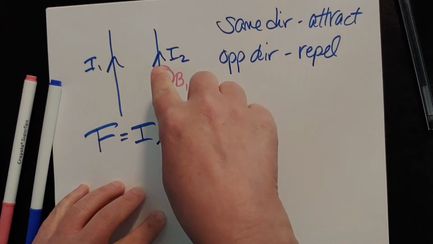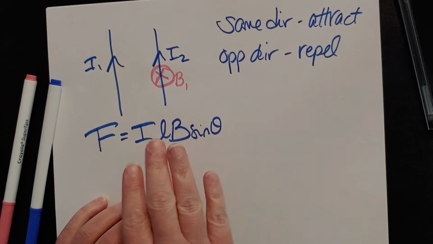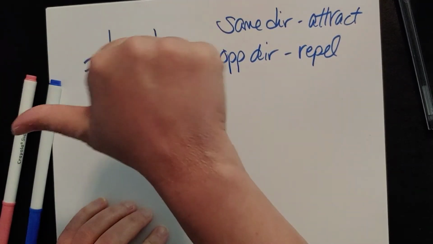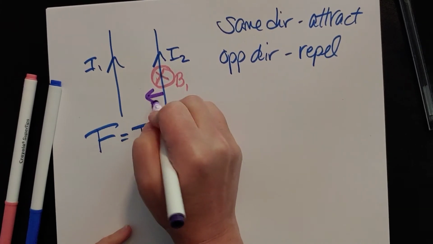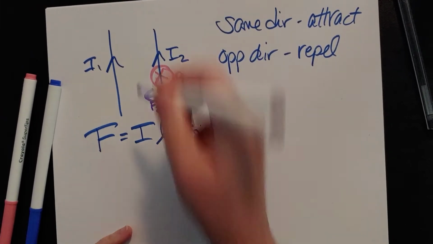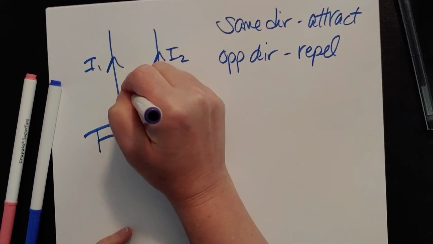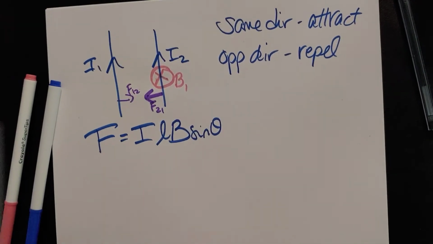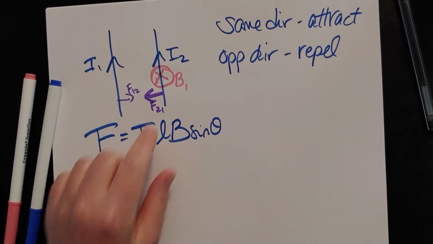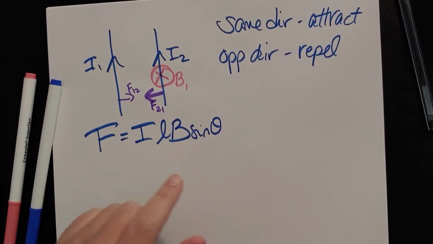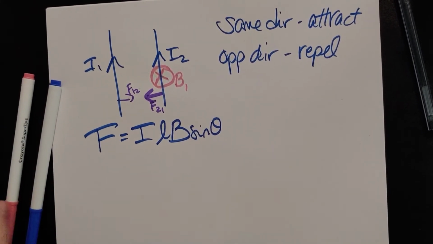But if you do the right-hand rule on this, I, B, the force is this way. The force on 2 by 1 is this way. And when you do the same exact thing, you get the force on 1 by 2 this way. And then I would encourage you to do the opposite direction, convince yourselves that they repel too. So that's kind of fun.